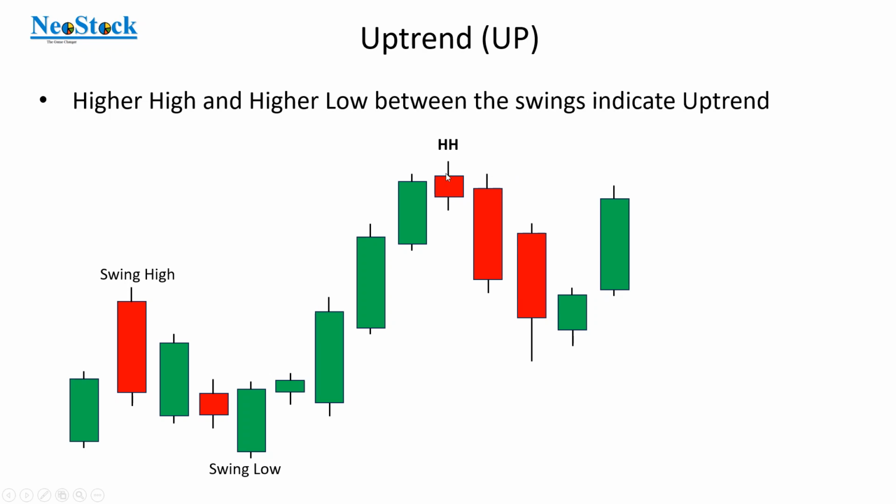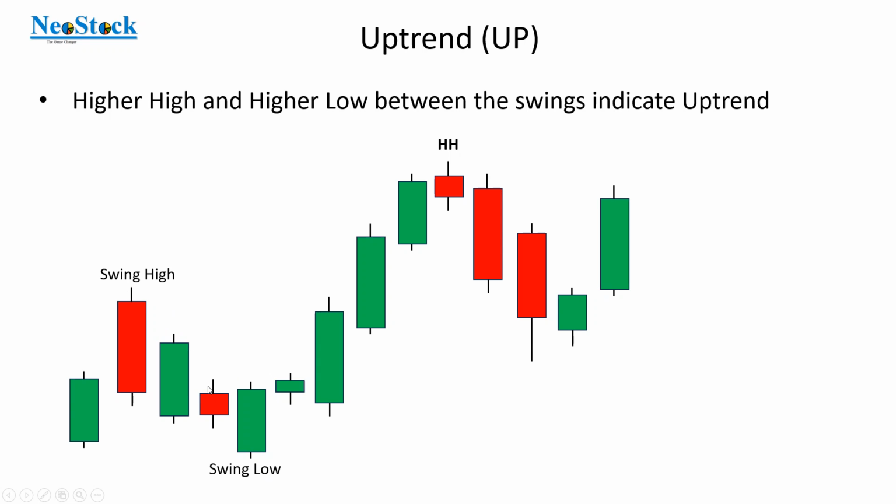Exactly the same way, take the next swing. This is the next swing from here to here. This is swing high. This is swing low. Now compare this swing low with the previous swing low. Now this swing low is higher than the previous swing low or lower than the previous swing low? Which one? The present swing low is higher than the previous swing low.